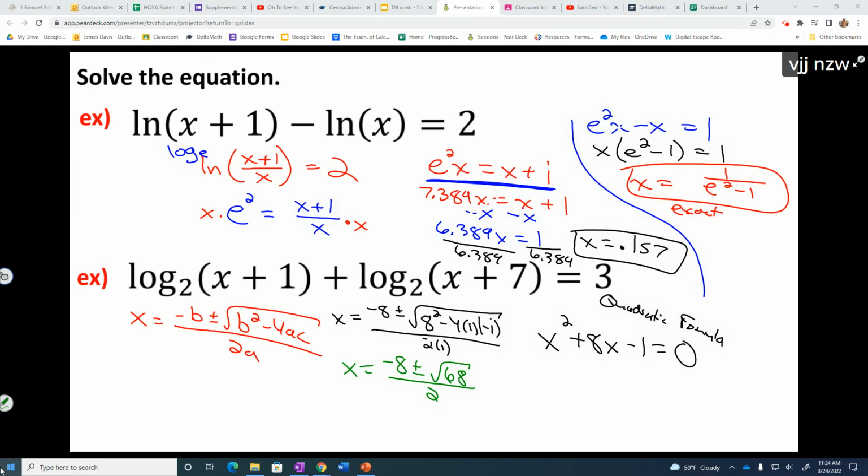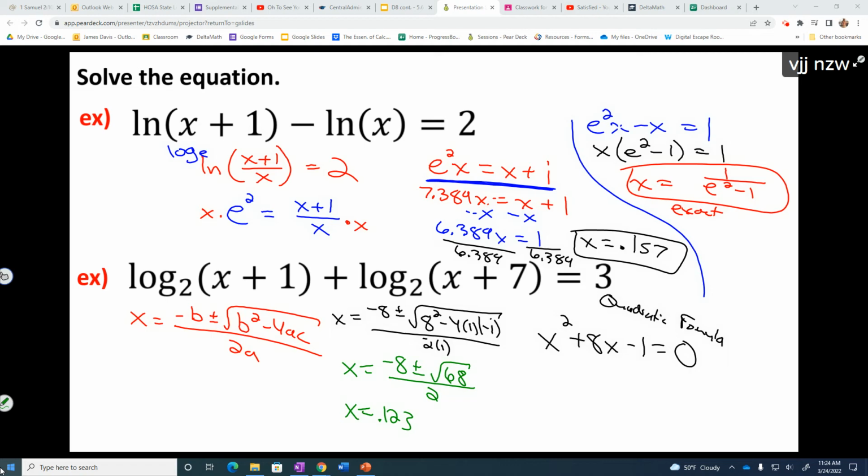Now at this point, you have two options. One is to then just go ahead and find the decimals at this point, if you want to do that. -8 plus the square root of 68 divided by 2. So we get x equals 0.123. And then do the same, -8 minus the square root of 68 divided by 2.